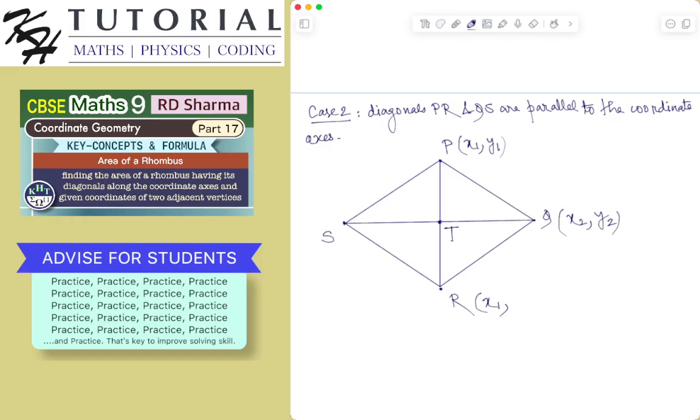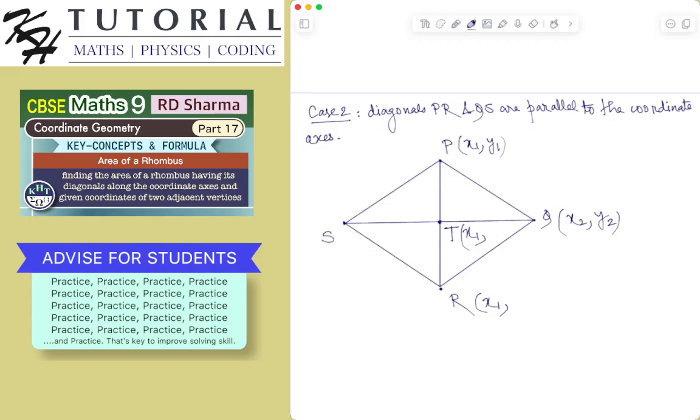Yes, we can. How? The point T is obviously lying on the line segment PR, so its abscissa will be the same as the abscissa of points P and R. So the abscissa will be x1. What about the ordinate of the point T? The ordinate of T will be the ordinate of the point Q, because T is also lying on the diagonal QS, and the diagonal QS is parallel to the x-axis.